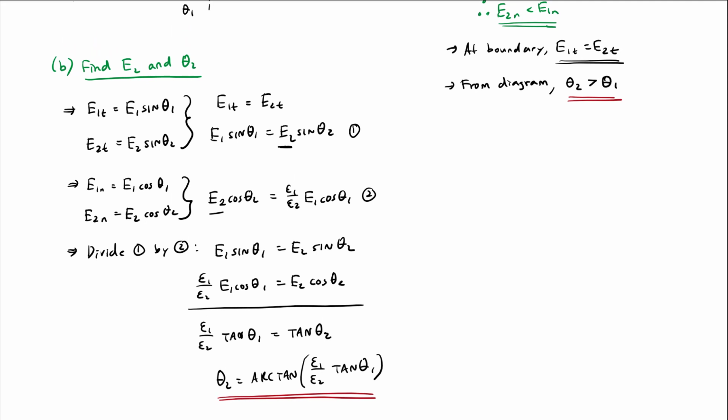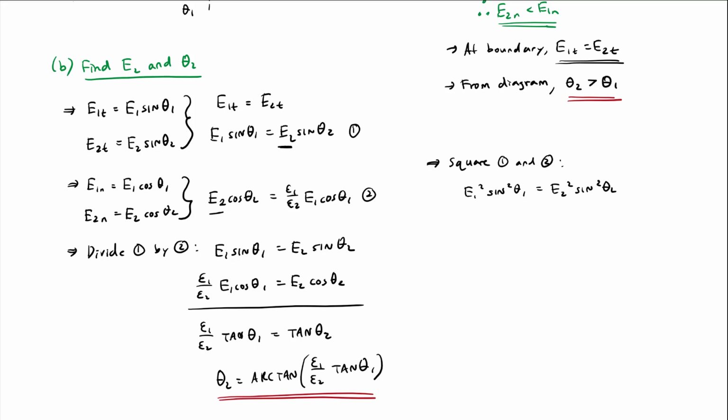Now it's time to solve for E2. So to find E2, we can actually square both the equations. And when we square both the equations, we get E1 squared sine squared theta 1 is equal to E2 squared sine squared theta 2. The second one, we have E2 squared cos squared theta 2.